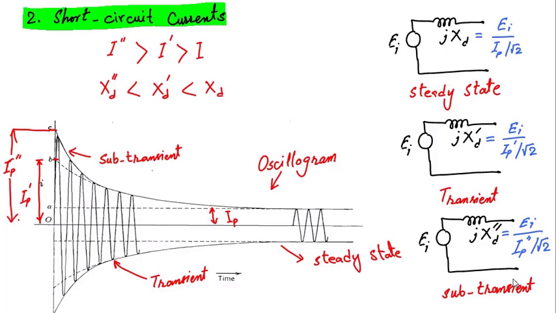Now we have three models of synchronous generators. Remember, whenever we perform short circuit analysis, we are always interested in the sub-transient model of the generator, because we want to determine the sub-transient fault current, as this current will be used to select the rating of the switchgear to be installed in the power system, including circuit breakers, current transformers and voltage transformers.